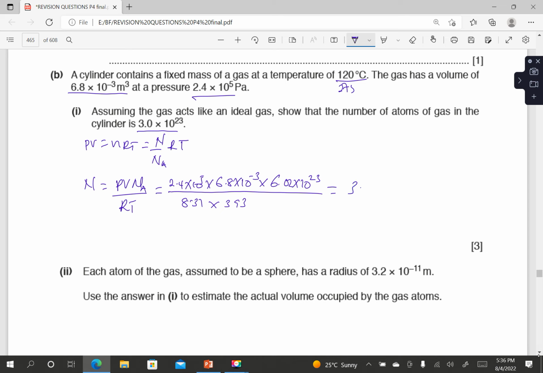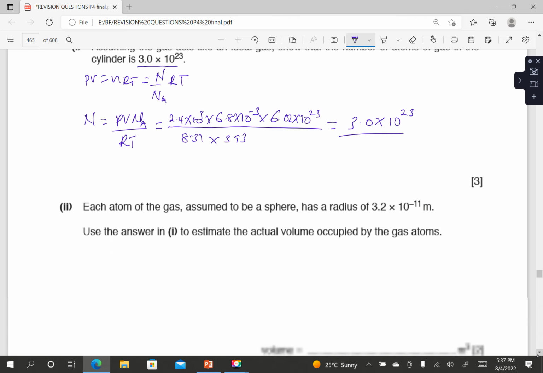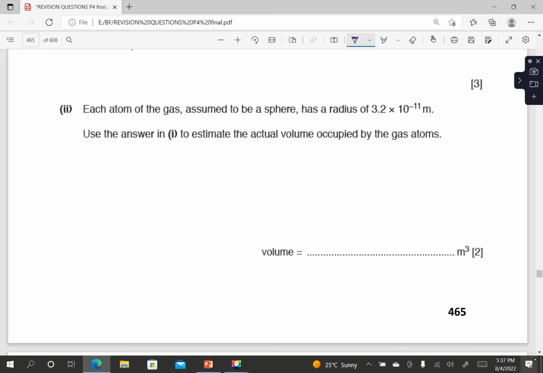So I am getting 3.0 to two significant figures times 10 power 23 as required. You can also verify. Then each atom of the gas has now this radius. Use the answer in part 1 to estimate the actual volume of the gas.